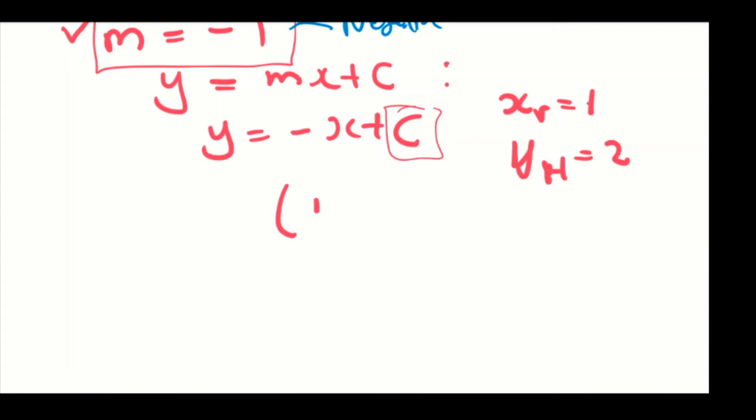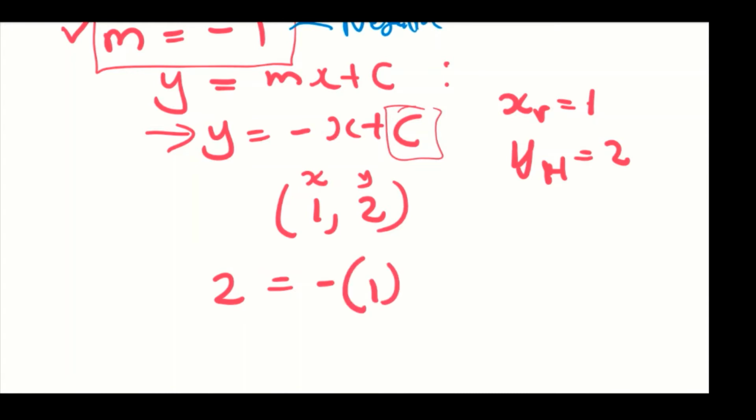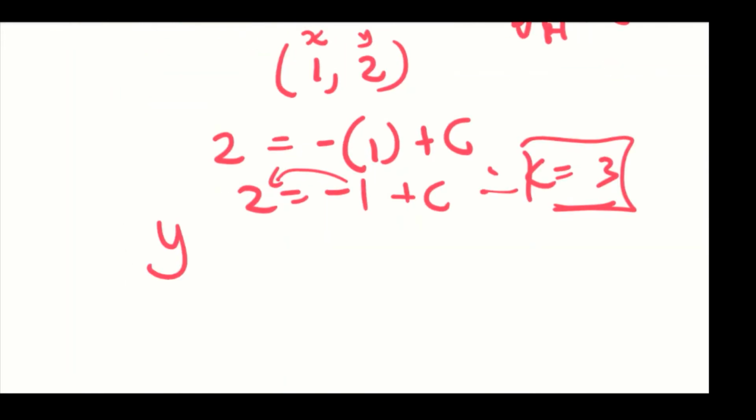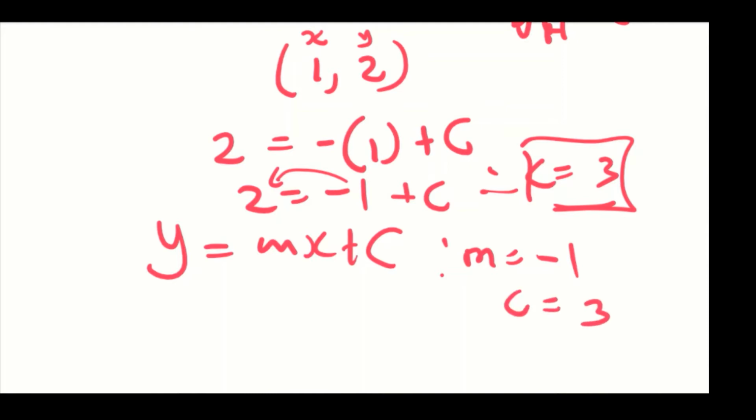We're going to use this 1 and this 2 as a point. This is x, this is y, substitute in this equation here. Where there's y, you put 2 is equal to minus, where there's x, you put 1 plus c. So it's going to be 2 is equal to -1 plus c, and then transpose the -1 to the other side. We have c being equal to 3, right? So now you have c is equal to 3. Your equation is y is equal to mx plus c, where your m is equal to -1 because it's a negative axis of symmetry. Your c is equal to 3, so you're just going to substitute that.